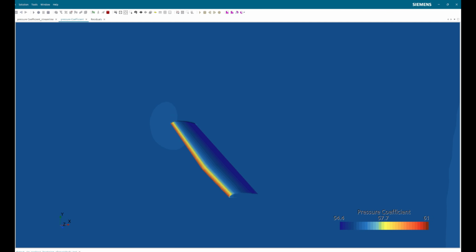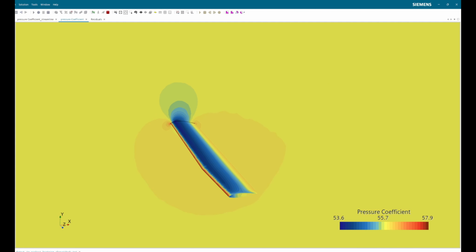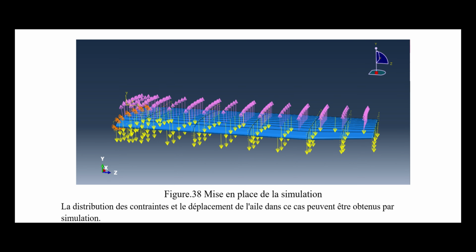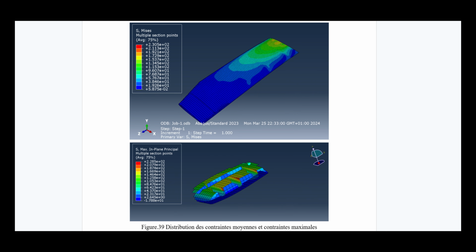This video will introduce the overall aerodynamic loads on the 3D wing and the verification of its aerodynamic performance. In the next video, we plan to compute the aerodynamic pressure distribution on the surface loads and provide aerodynamic data for the upcoming semi-coupled analysis.